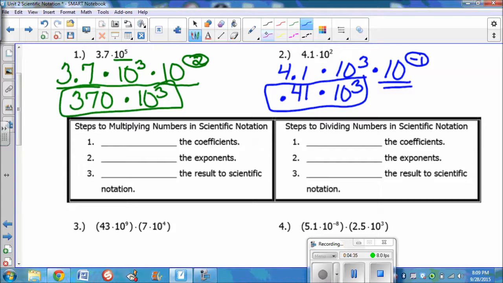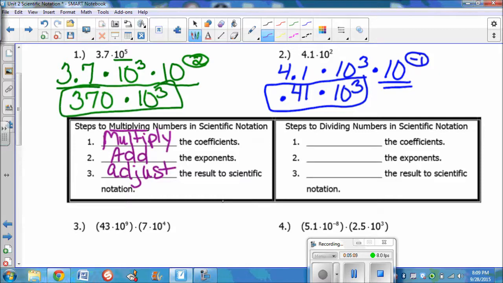So let's talk about some steps we're going to need when multiplying numbers in scientific notation. We multiply the coefficients. When we multiply, what do we do with exponents? We add the exponents. And then we may need to adjust the result to scientific notation.